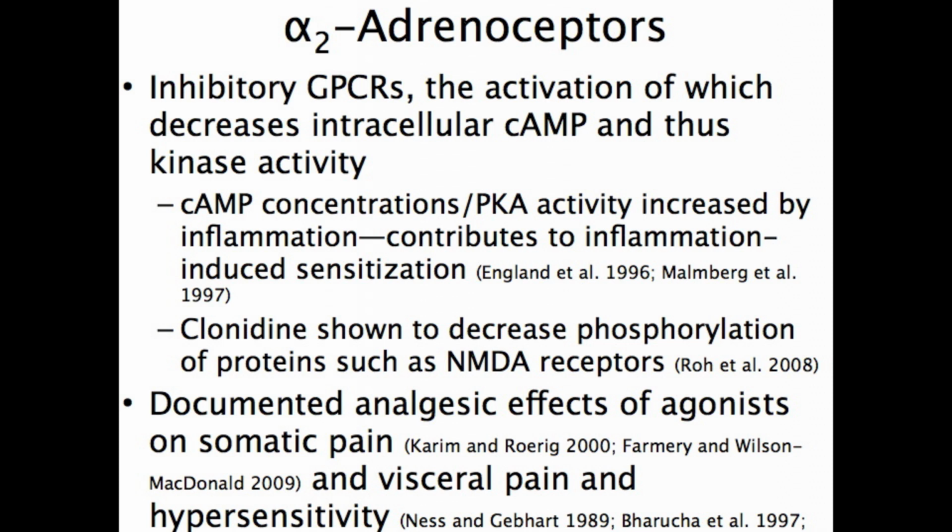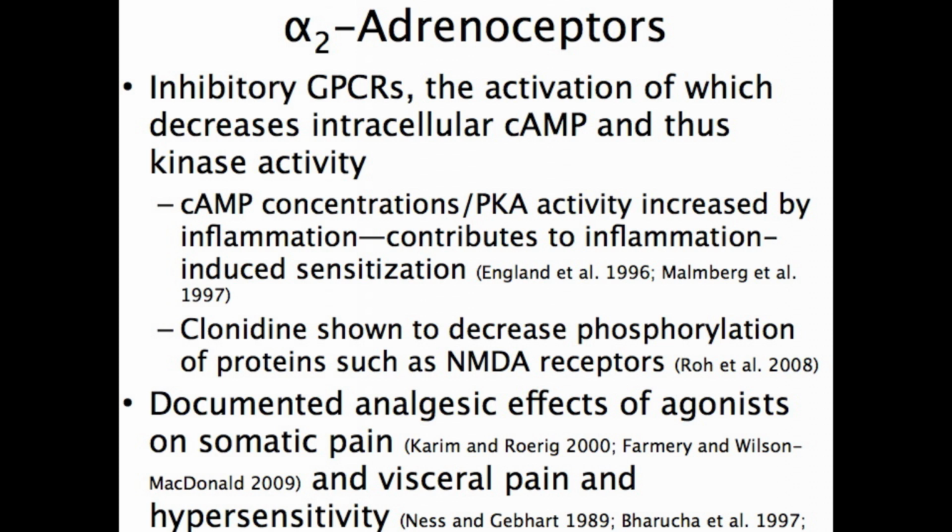And so we have this protein that we know is activated by phosphorylation, and we know that we have drugs that can decrease that. And so we wanted to see if there was some kind of an interaction between the two. So clonidine seemed like a good candidate.